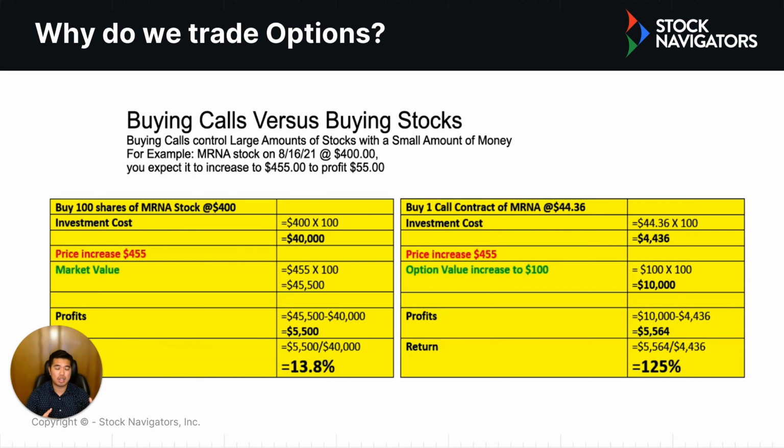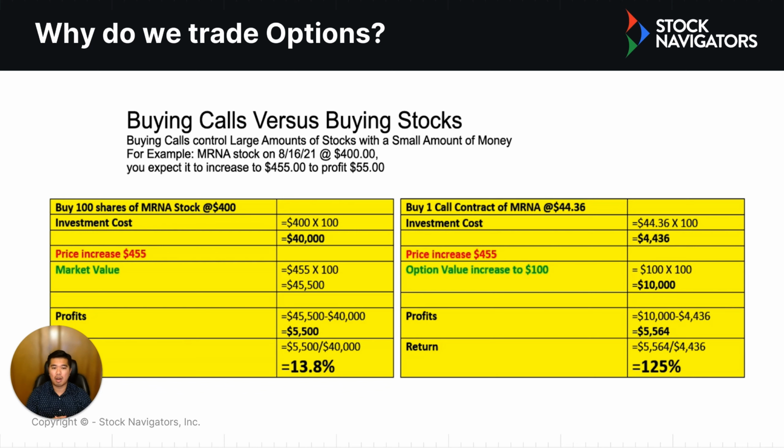When Moderna went up to $455, obviously the value of your 100 shares increased to $45,500. So the net profit from this trade is only $5,500, and the rate of return is only 13.8%.